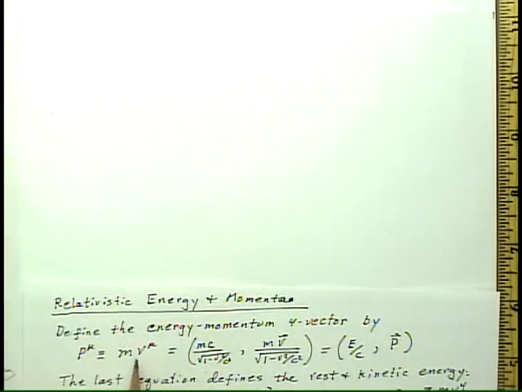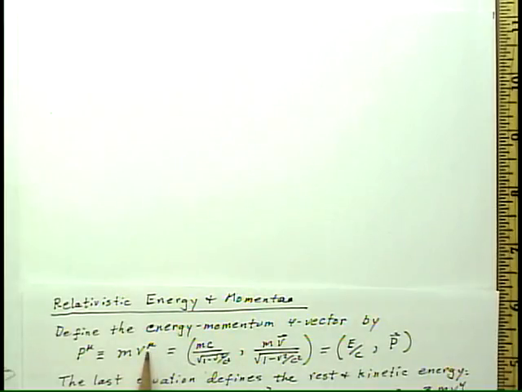So it is taking our previous definition of the four components of velocity and multiplying mass by each one of them, we get mc divided by the square root of 1 minus v squared over c squared and mv over the square root. We define the energy in relativity to be E over c times this term p naught, which is the zeroth component of the momenta. And this other component here is defined, of course, as the regular momenta.